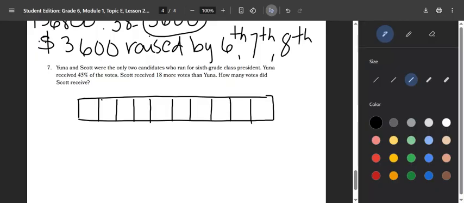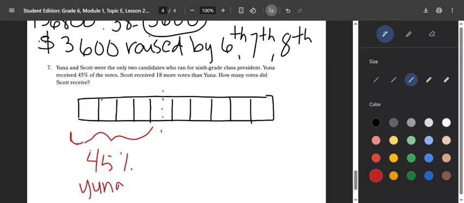All right, now 45%, I'm going to use a different color for this, it'll help. So 45% is 1, 2, 3, 4.5. So from here to here is 45%, and that's Una's amount.